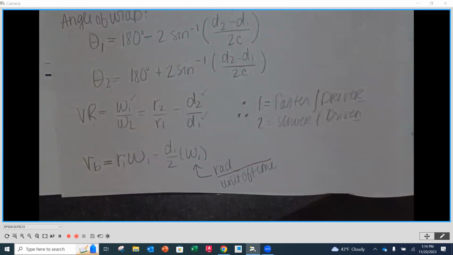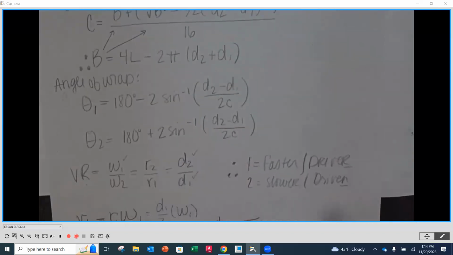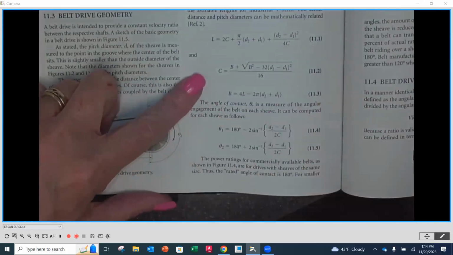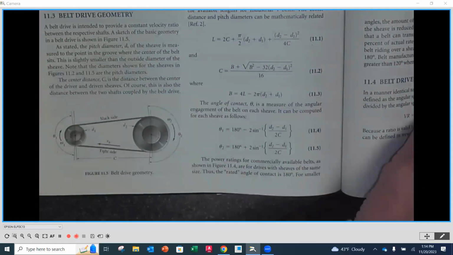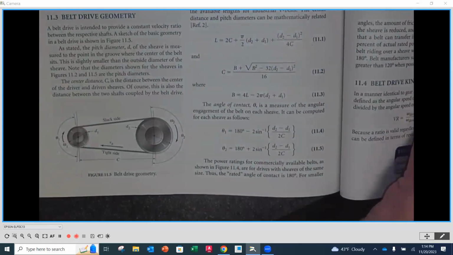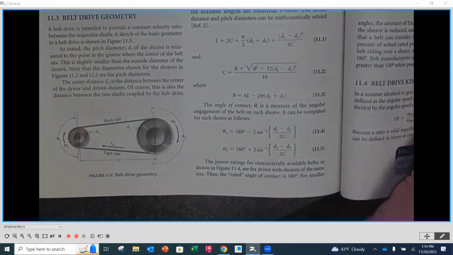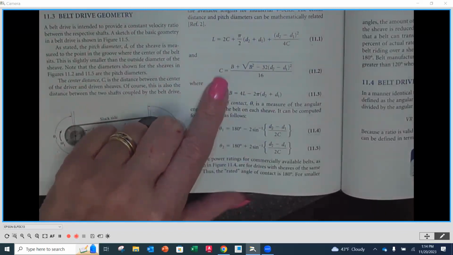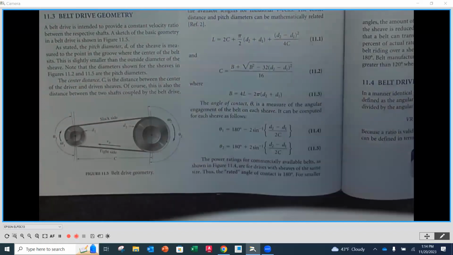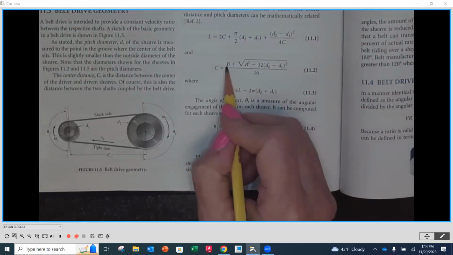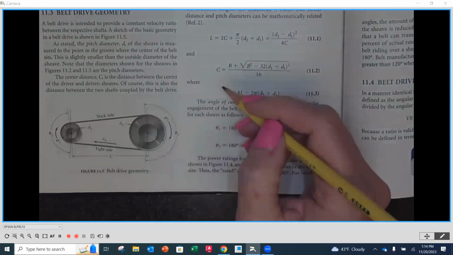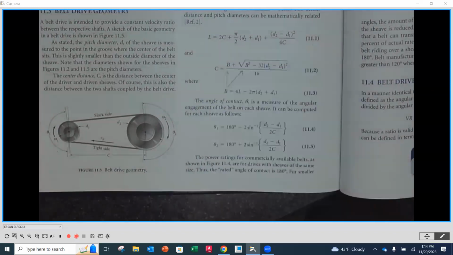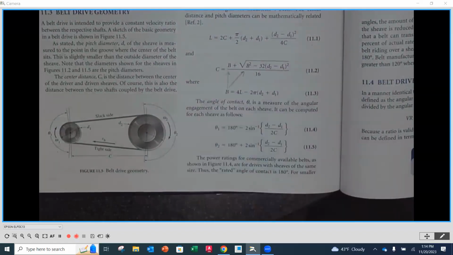I don't know if you still need it. It's also on page 304 in the book. Here, C is equal to. B is just a shortened, see, all they did was instead of putting all this business up in here, B isn't really a variable except you want to calculate it first and it's going to go up here and it's going to go there. That's all. So you're going to come up with a number and then put it in there.